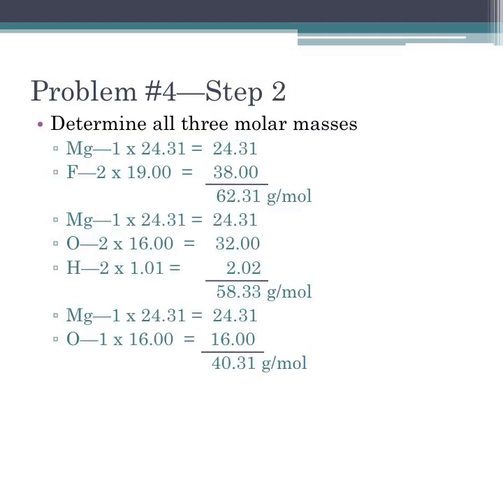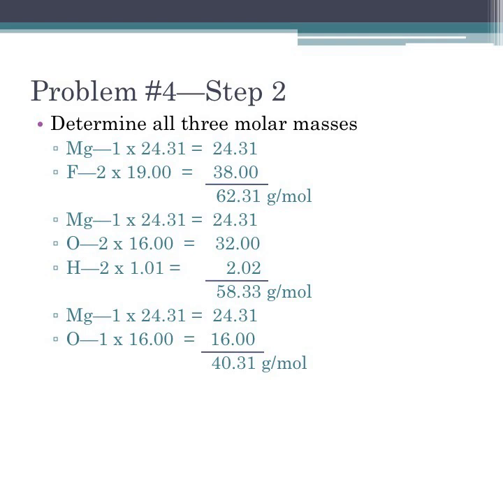And in magnesium fluoride, I have 1 times 24.31 equals 24.31. And for fluorine, 2 times 19.00 equals 38.00 for a molar mass of magnesium fluoride that is 62.31 grams per mole. For the magnesium hydroxide, I have 1 times 24.31 equals 24.31. 2, because I distributed the subscript outside of the parentheses, times 16.00 for the oxygen equals 32.00.